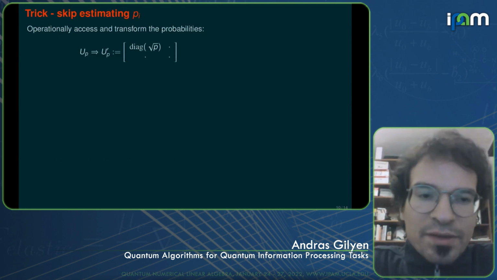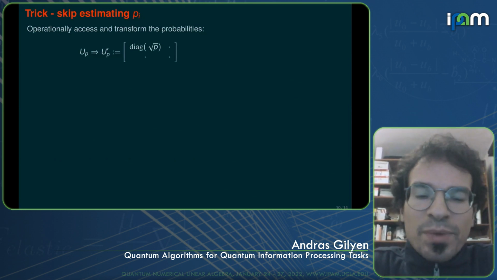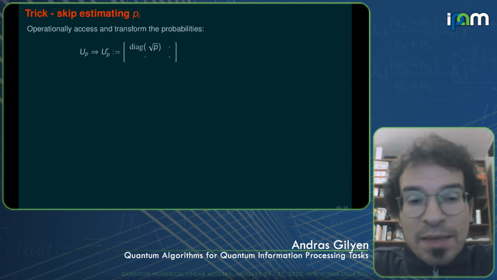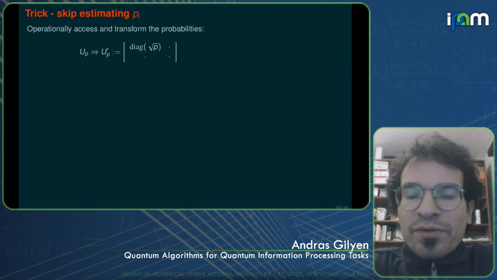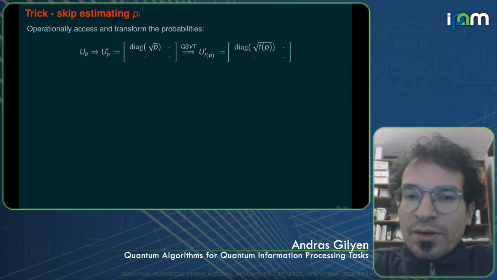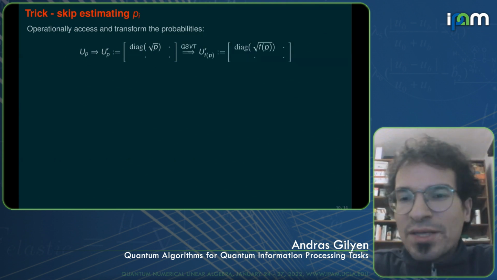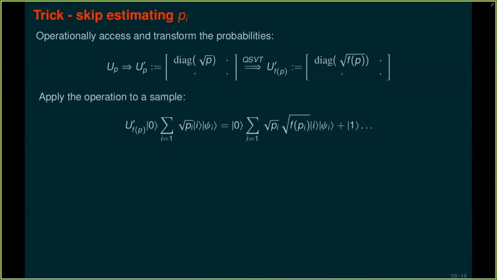So just schematically, you had the unitary that prepares the samples, and then you transform it to a block encoding where singular values are just square roots of the probabilities. You apply quantum singular value transformation, and then you get a diagonal matrix with square root of f(p), and you just apply this operator to a single sample that you take, and then you have this sum over i of square root p_i, square root f(p_i), and so on.